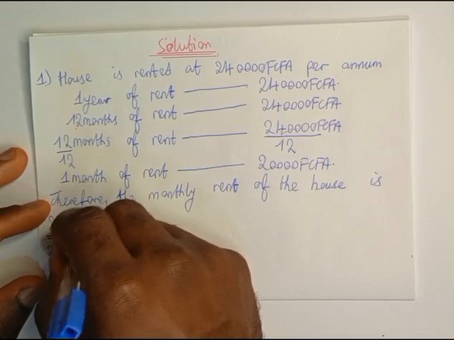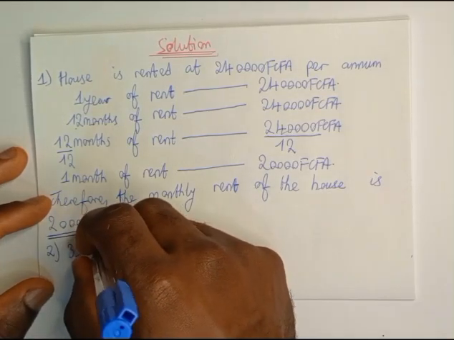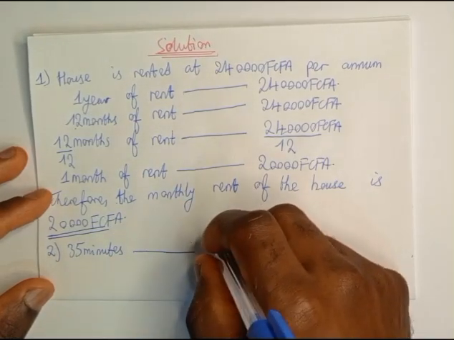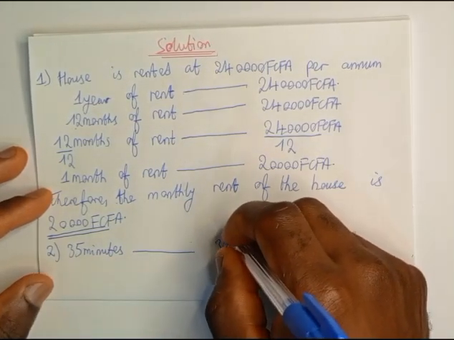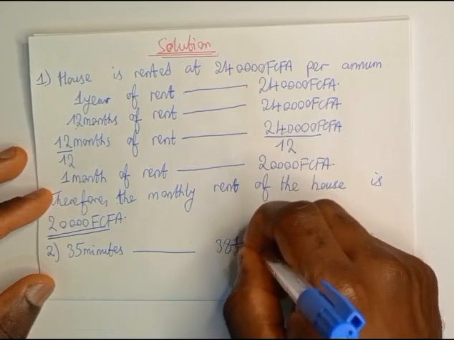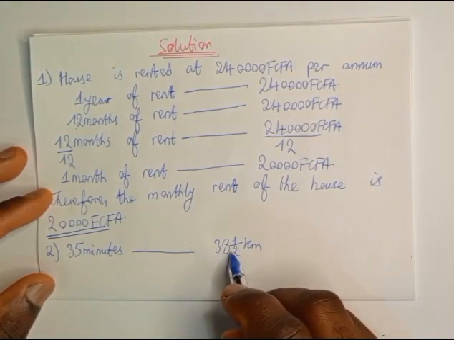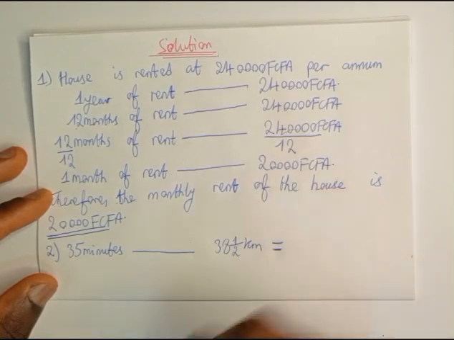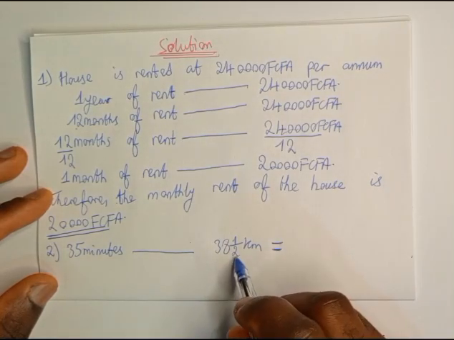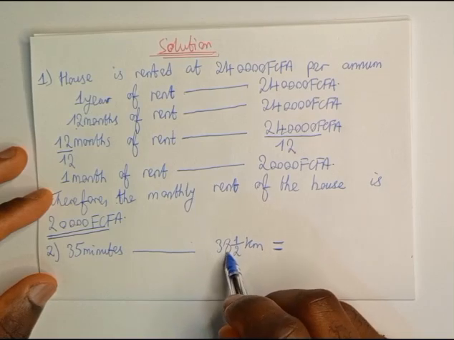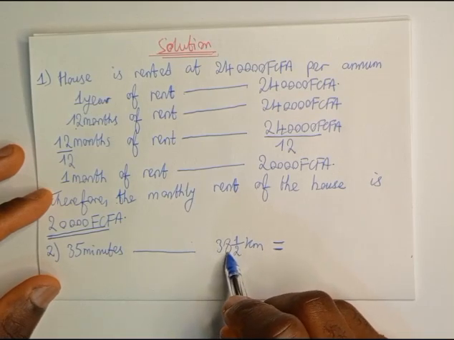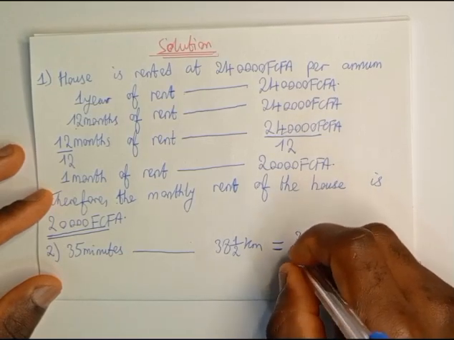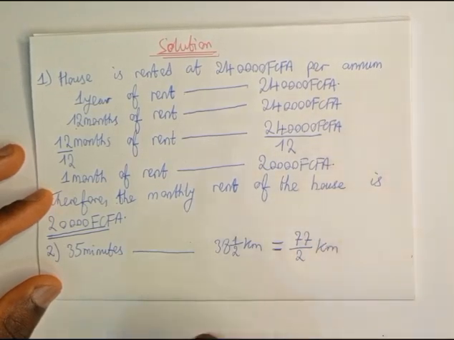We have 35 minutes. In 35 minutes, the car covers 38.5 kilometers. 38.5 is a mixed fraction. Converting 38.5 to an improper fraction, we have 2 times 38, which gives us 76 plus 1 gives 77 all over 2 kilometers.